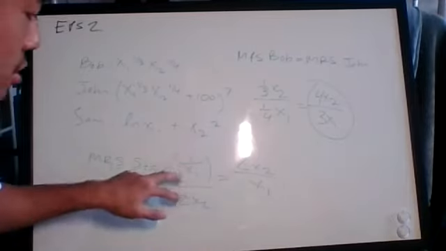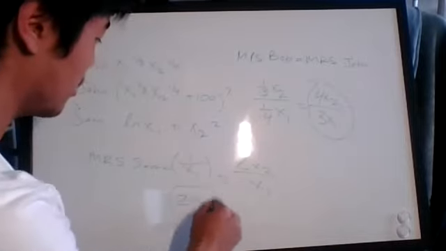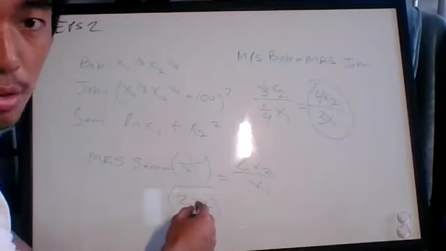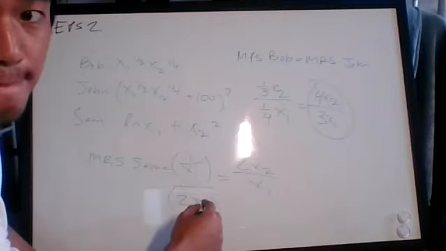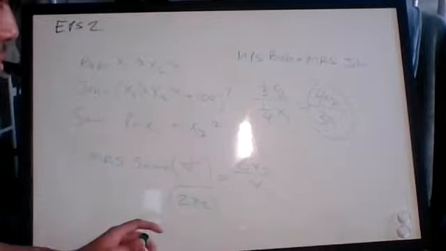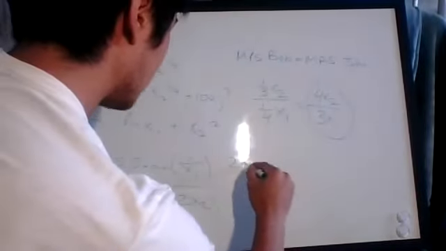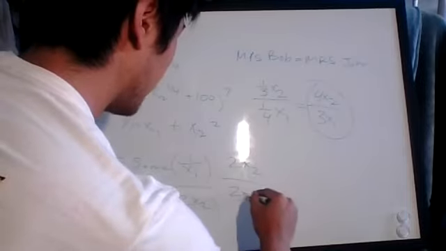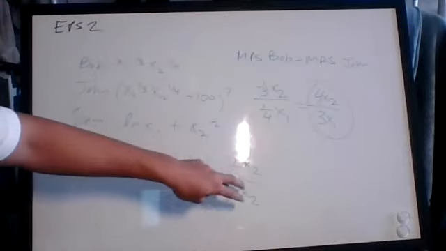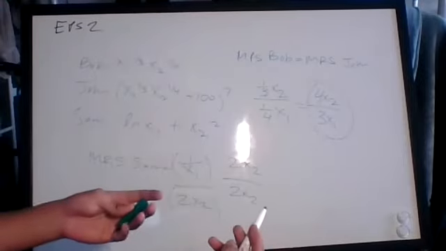Is everybody good with this so far? So this is the marginal utility of good 1. This is the marginal utility of good 2. Everybody feel good about that? Yeah. Basically, when I have something like this, I can multiply through by 2x2 over 2x2. And this is completely legal because this is really just 1. We're basically just multiplying by 1.